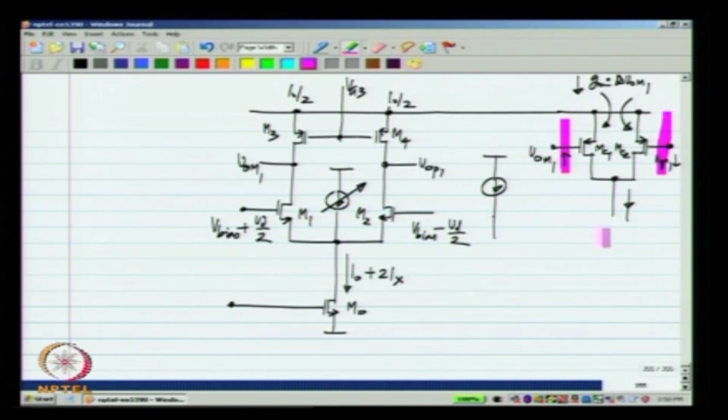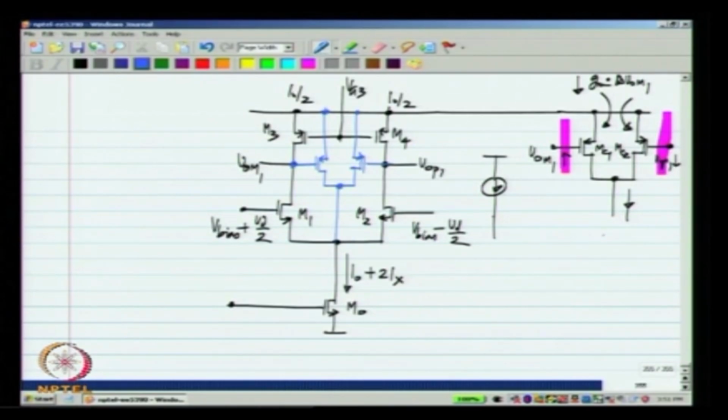So this structure is suitable for being used in this place. I will sum the two currents and connect it up there.